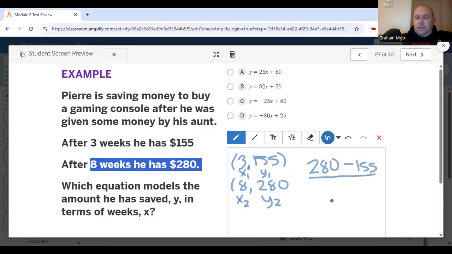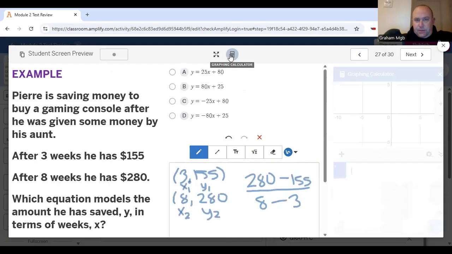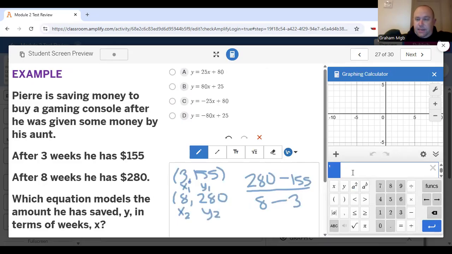Over x2 minus x1, 8 minus 3, and let's just have a little check here to see what that is. Remember to click the divide button immediately on the fraction before you start typing. Over 155 over 8 minus 3.